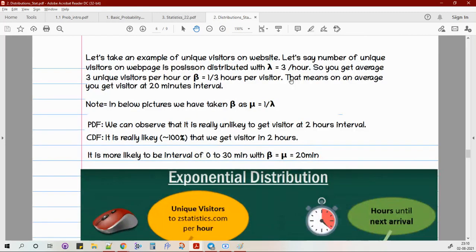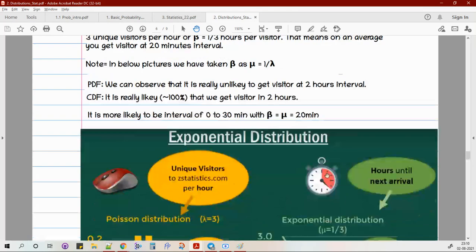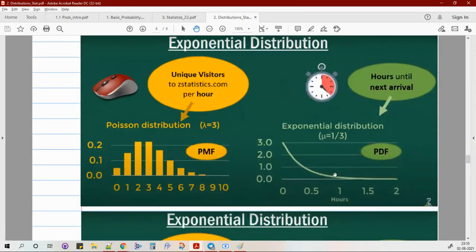That means at every 20 minutes I'm getting one visitor on an average. So 20, 40, 60, like that, the third visitor, right? At every 20 minutes, that's what he's trying to show here. So this is the exponential distribution.